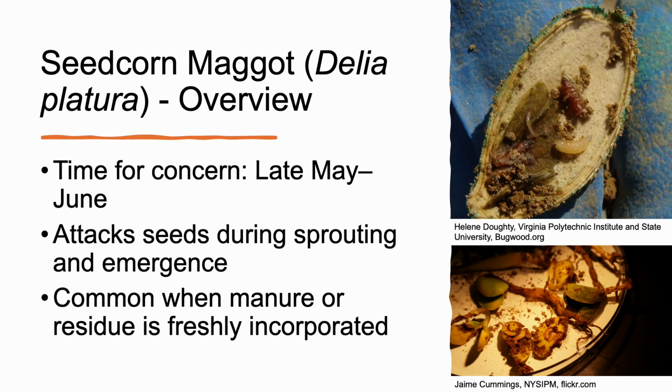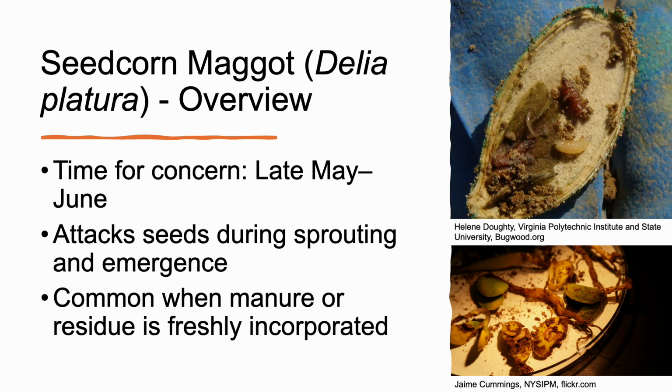Next, we'll look at seedcorn maggot, a pest that mainly affects crops early in the season. Seedcorn maggot is primarily a concern from late May through June. It attacks seeds during sprouting and emergence, often before plants ever break the soil surface.